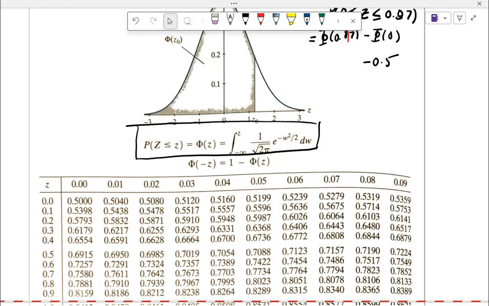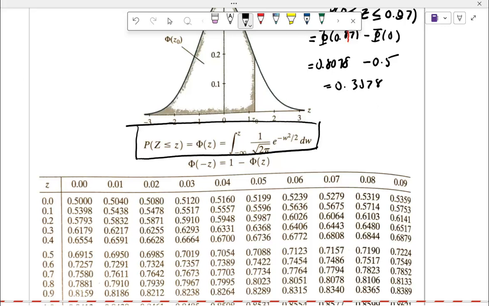So if I want 0.87, I'm going to go down to the 0.8 row and across to the 0.07 column and get 0.8078. So again, that was right here. I apologize for not printing off the table. So far, so good? And then subtract 0.5. Great.